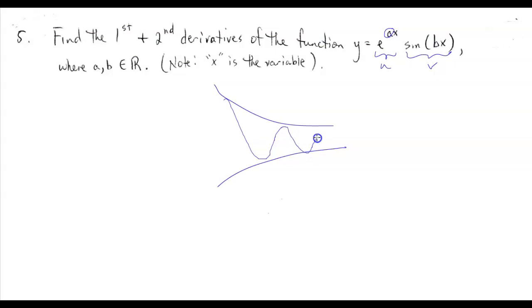And what that models is a signal that is exponentially decaying. So if you think of your voice as a sound with a certain frequency that's going to exponentially decay over time after you say a word, then this particular function could actually model that.